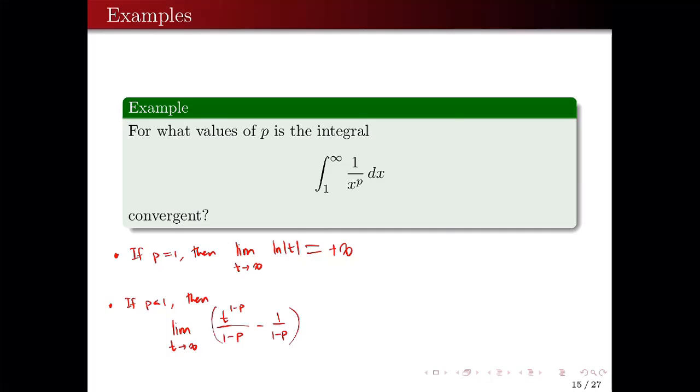But since p is less than 1, 1 minus p is positive. 1 minus something less than 1 is positive. So your variable t remains in the numerator. If it goes to plus infinity, then the numerator will just go to plus infinity. The denominator is just constant. Same is true with this. This is just constant. So this is just, again, plus infinity.